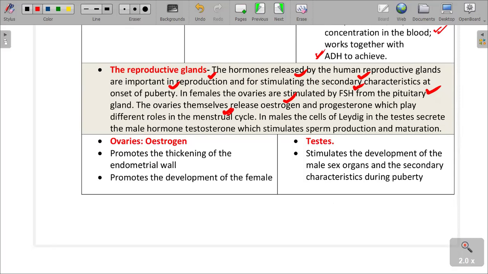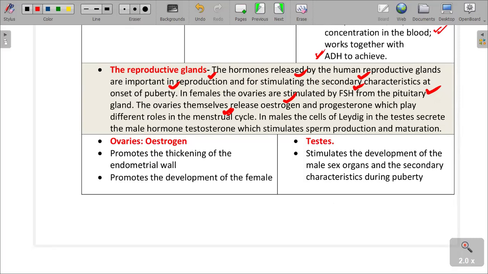I'm sure we talked about the hormonal control in terms of balancing the menstrual cycle. The menstrual cycle is regulated by multiple hormones working in a negative feedback relationship, depending on what stage of the cycle, pregnancy or not, and so forth.